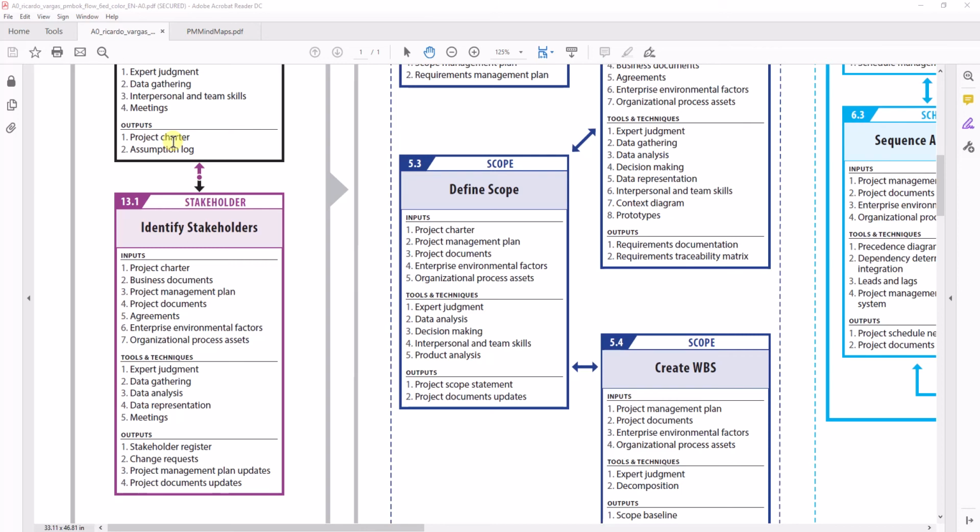Anyone? Guys? Yeah, unaware is one, resistant is one, supportive, yeah, and leading. Leading, yeah. Leading is one.